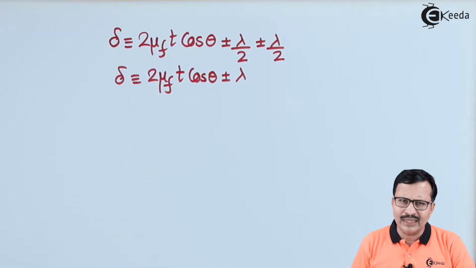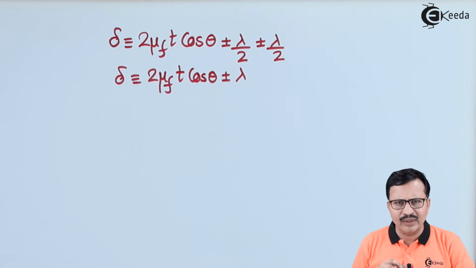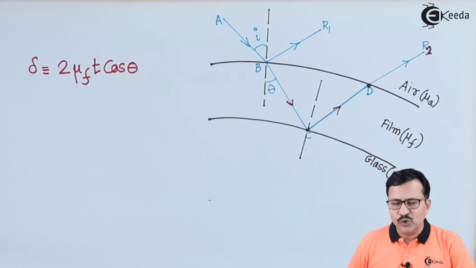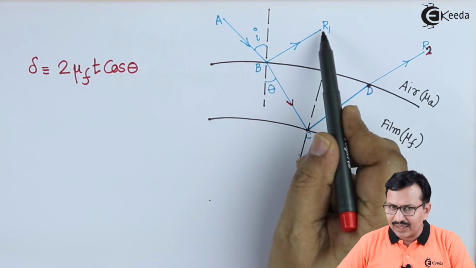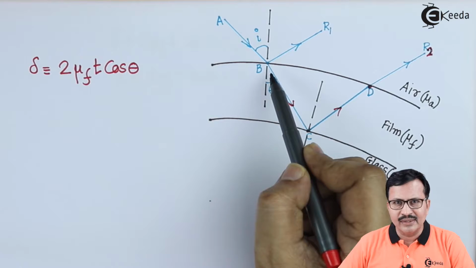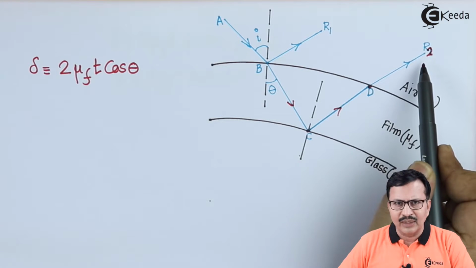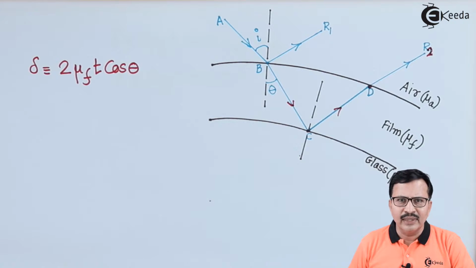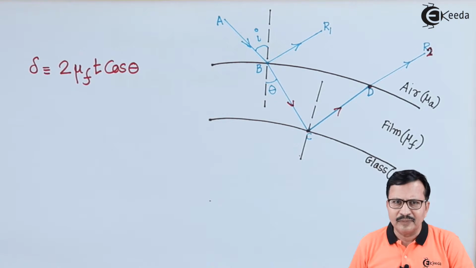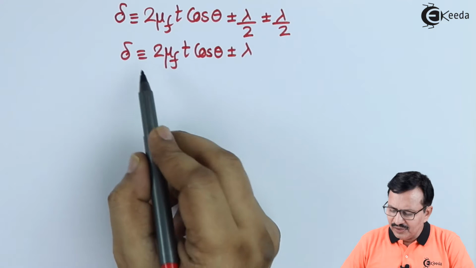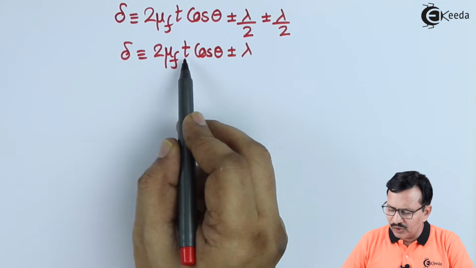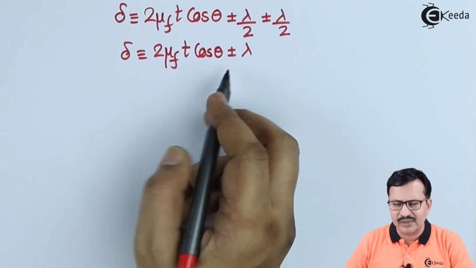For this, once again, let us have a look at the basic diagram. So what I want is the ray BR1 and the ray DR2 should interfere constructively. Going ahead with the derivation, delta is equal to 2 into mu f into t into cos theta plus or minus lambda.